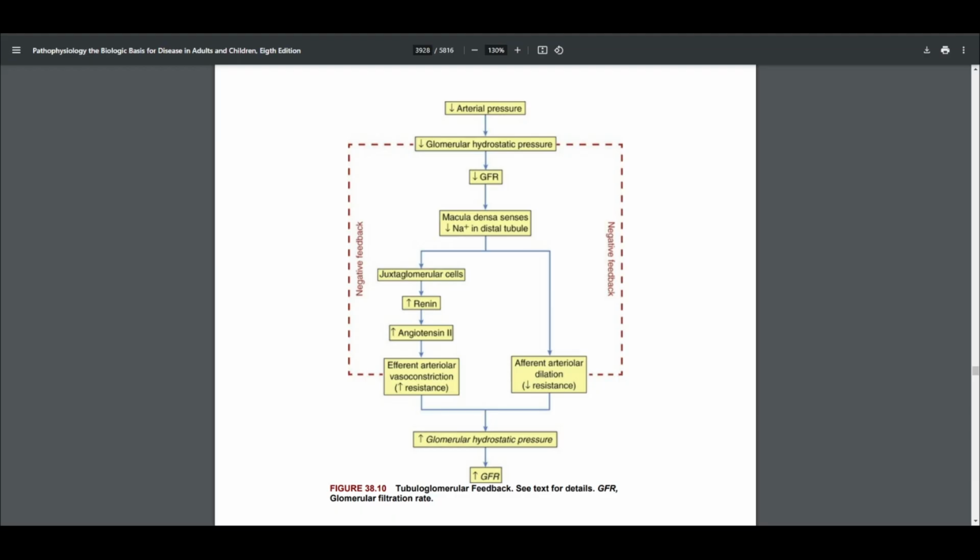The juxtaglomerular cells increase renin, which increases angiotensin II, which causes efferent arteriolar vasoconstriction, so it increases the resistance, and the afferent arteriolar dilation decreases resistance. Thus, we have an increase in the glomerular hydrostatic pressure and an increase in GFR.